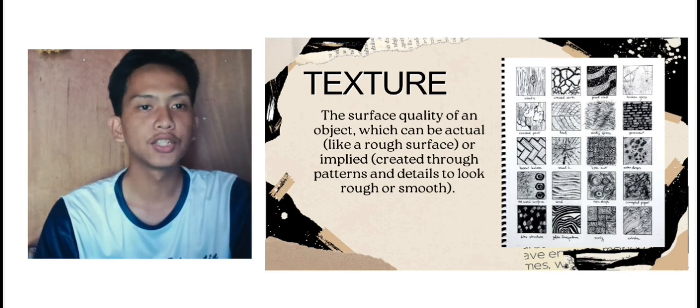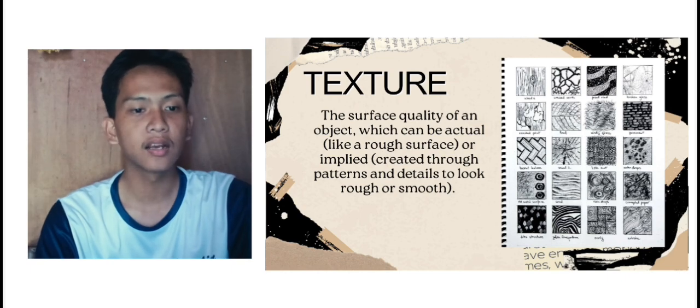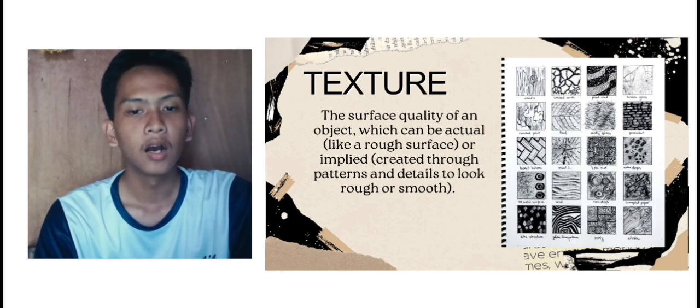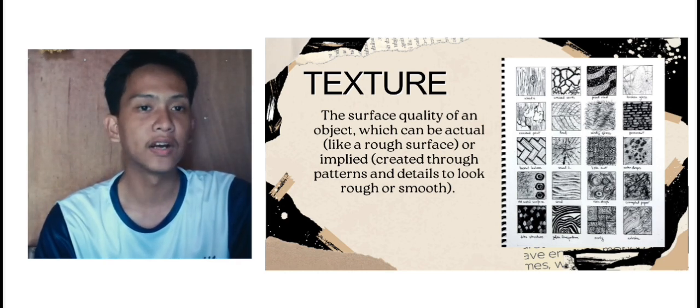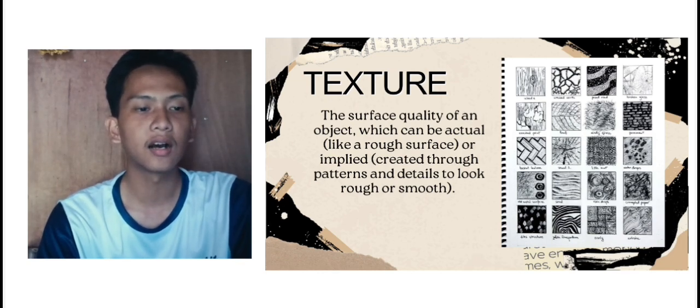Now let's move on to texture. Texture is the surface quality of an object, which can be actual, like a rough surface, or implied, created through patterns and details to look rough or smooth. An example of this is the bark of a tree. If you touch the bark of the tree, it's rough, so it's called the texture.